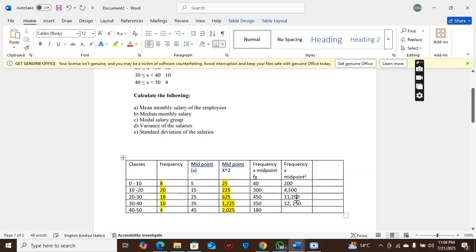Okay. Yes, let's counter check. Let's counter check. 11 50.